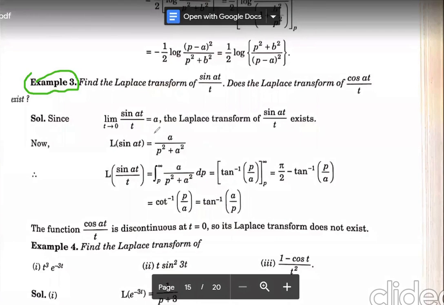In order to use all these results, first of all the function must exist.